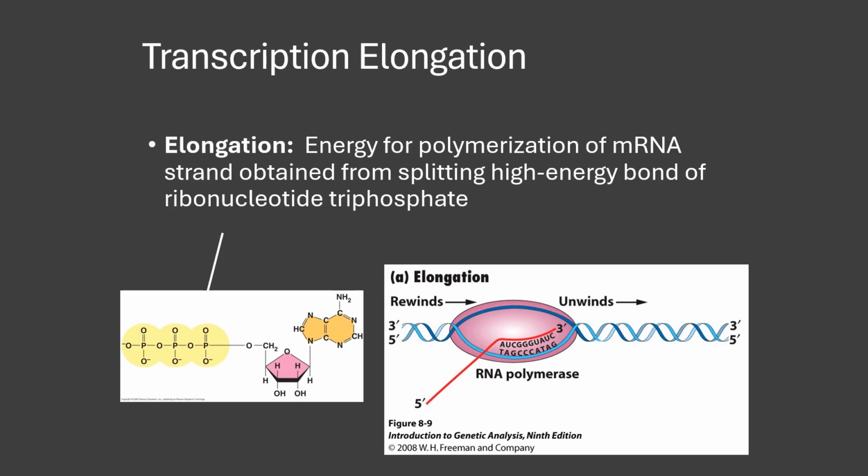This is a ribonucleoside triphosphate, showing the 3 phosphate groups, and the energy for polymerization of mRNA is obtained from the inherent energy in those phosphate bonds. As this figure shows, the RNA polymerase can move, unwind the DNA, and use the energy contained in those phosphate bonds to string together a series of nucleoside triphosphates to make one long RNA polymer.